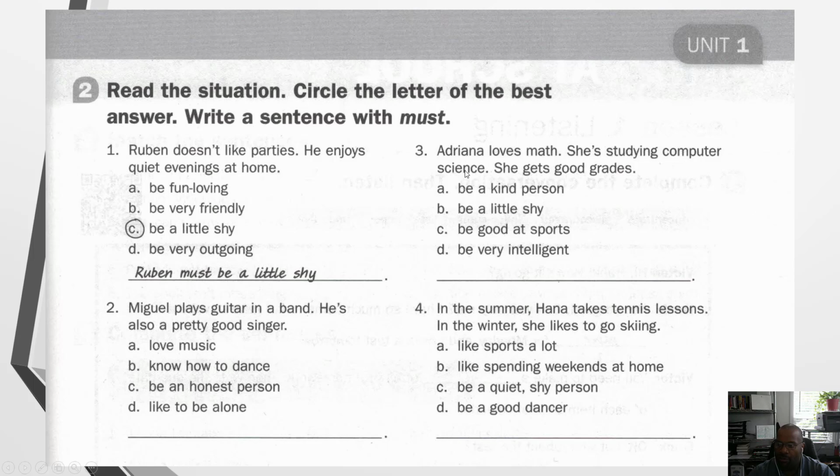So my example probably would be Adriana must be very intelligent. Number 4, in the summer, Hannah takes tennis lessons. In the winter, she likes to go skiing. I wrote down A, like sports a lot. So I would write down Hannah must like sports a lot.